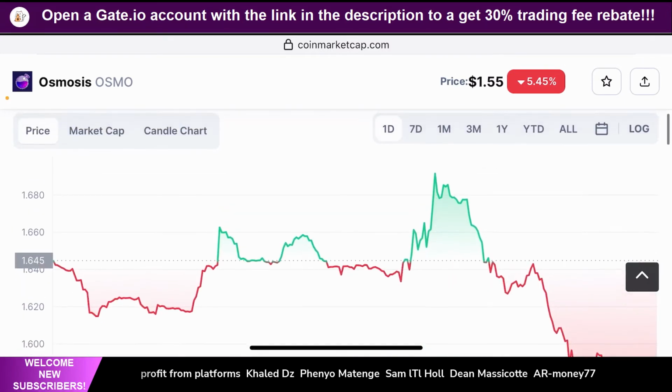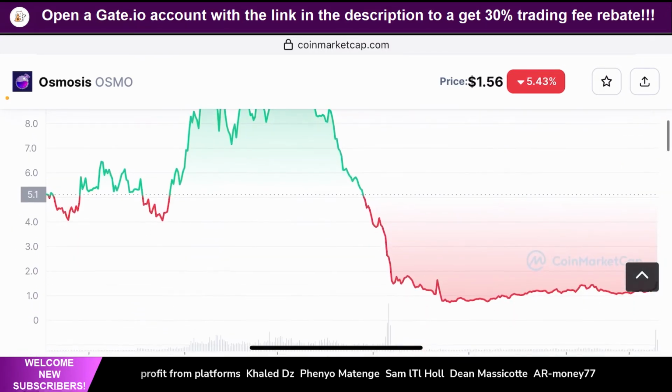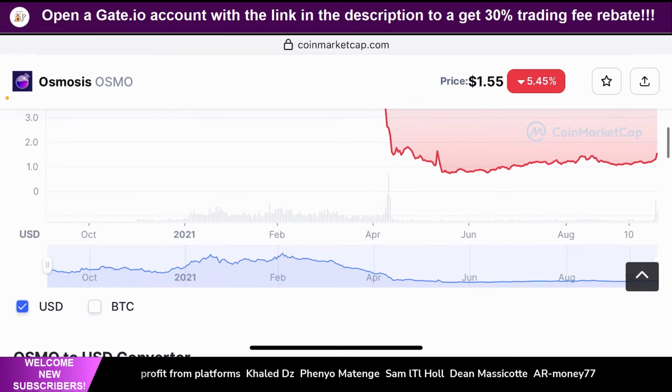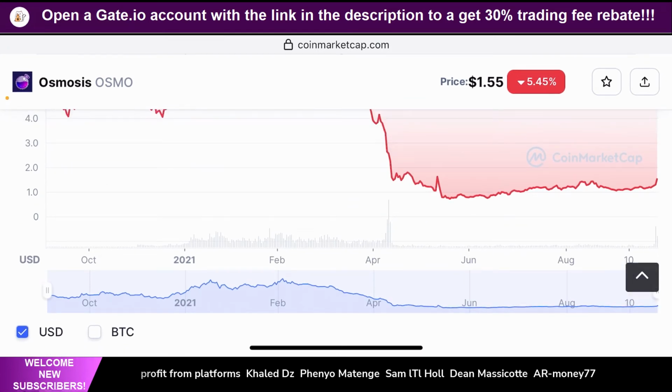When it comes to the charts itself, you can see that this token had actually performed very well in the early stages of its life cycle, but recently it's obviously dumped like crazy, and you can clearly see that the Binance listing has made this token spike a little bit.